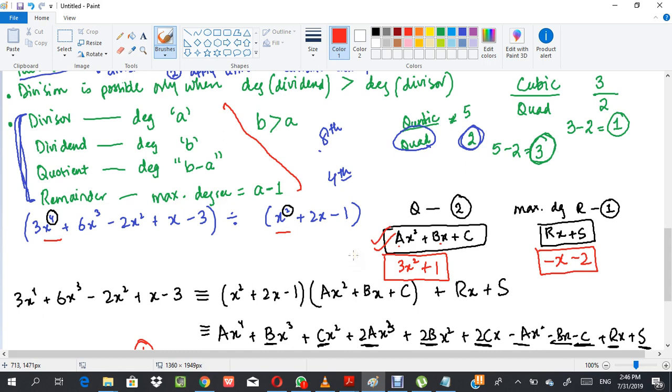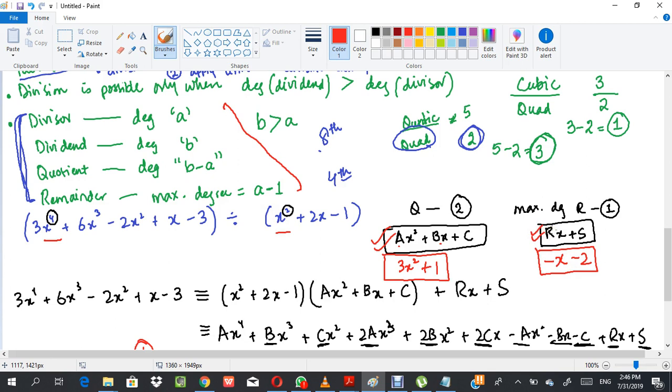Then, likewise, we made a general expression for the remainder as well, based on the fact that the maximum degree of the remainder is going to be a take away 1, where a is the degree of the divisor. So since we had a quadratic divisor with us, the maximum degree of the remainder had to be 1. So this comes out to be our general equation, that is Rx plus S.